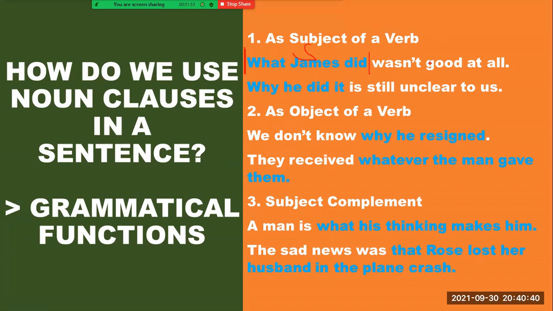The subject is what we are talking about, or the doer of the action in a sentence, what James did. And so this is the verb. Good is the complement. At all is the adjunct.